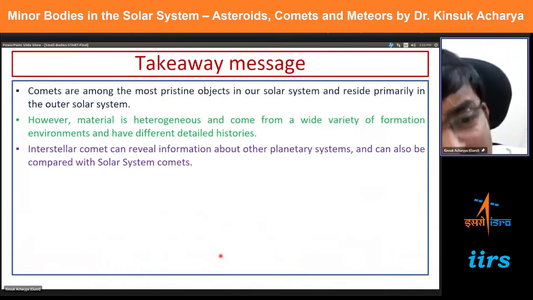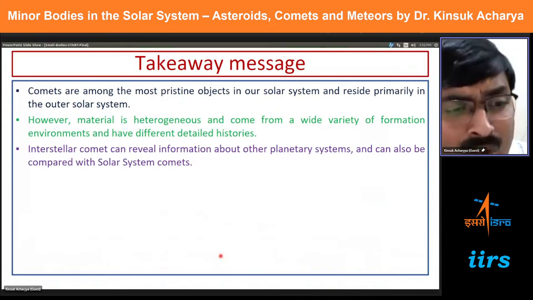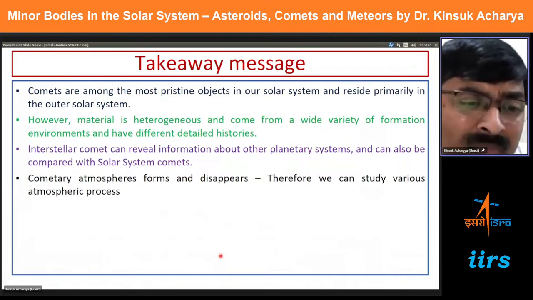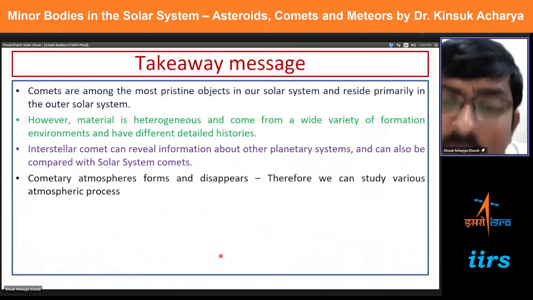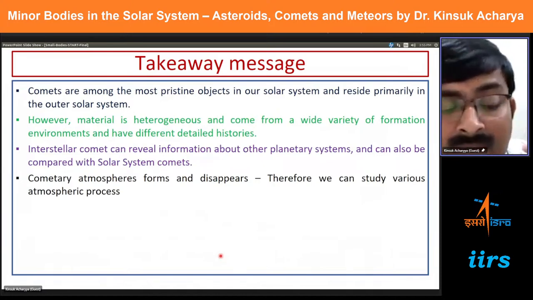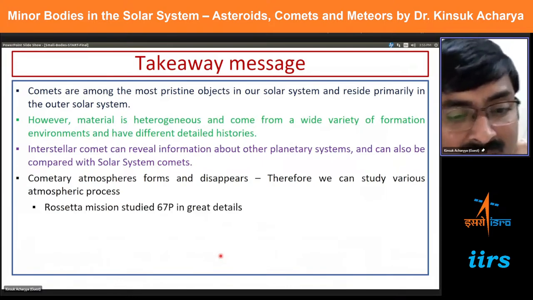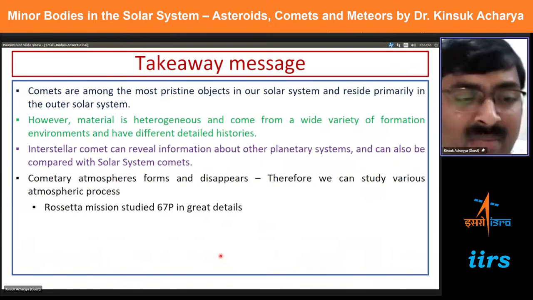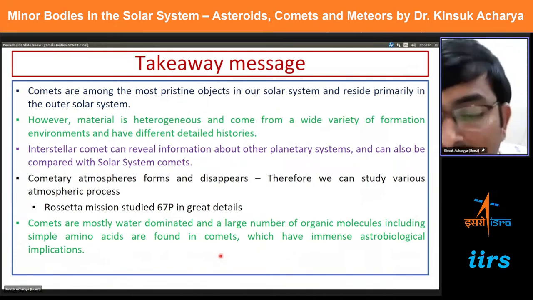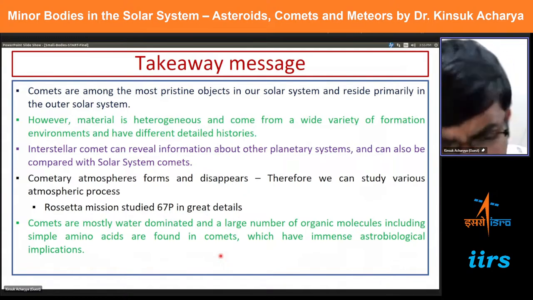Not only that, we have interstellar comets which can reveal information about other planetary systems and can also be compared with our solar system comets. Besides, the cometary atmosphere forms and disappears, so it can be treated as a laboratory to study various atmospheric processes. Then, of course, several missions like Rosetta studied these properties very effectively and efficiently.